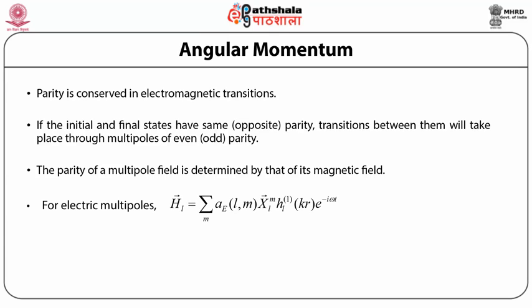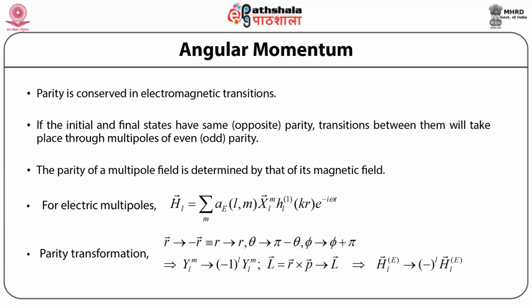So for electric multipoles, H⃗_L = Σ_M A_E(L,M) X⃗_LM h_L^(1)(kr) e^(−iωt). The parity transformations are r⃗ → −r⃗, which is r → r, θ → π − θ, φ → φ + π, which implies that Y_LM → (−1)^L Y_LM, and L⃗ = r⃗ × p⃗ → L⃗, which implies that H⃗_LE → (−1)^L H⃗_LE.